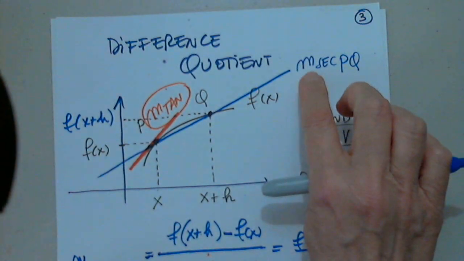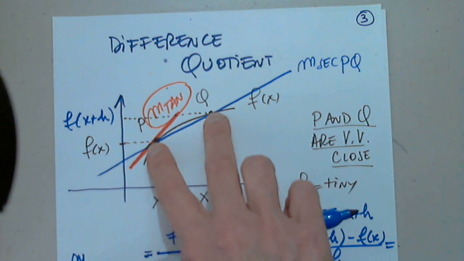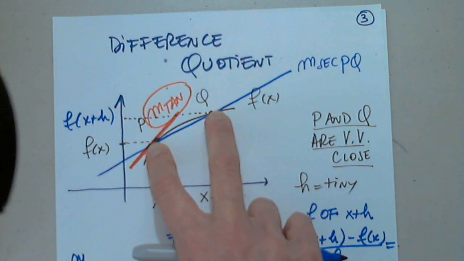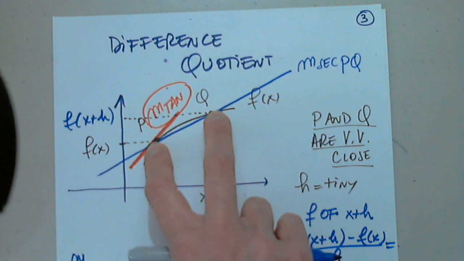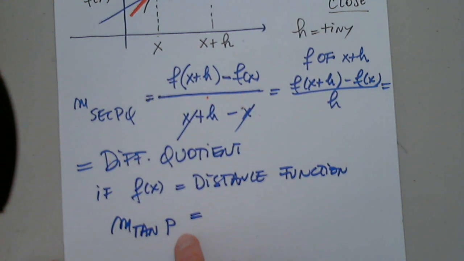First of all, what will the slope of the secant line represent? The average rate of change between two spots on my trip to, I don't know, New York. But what would the slope of the tangent line at P represent?